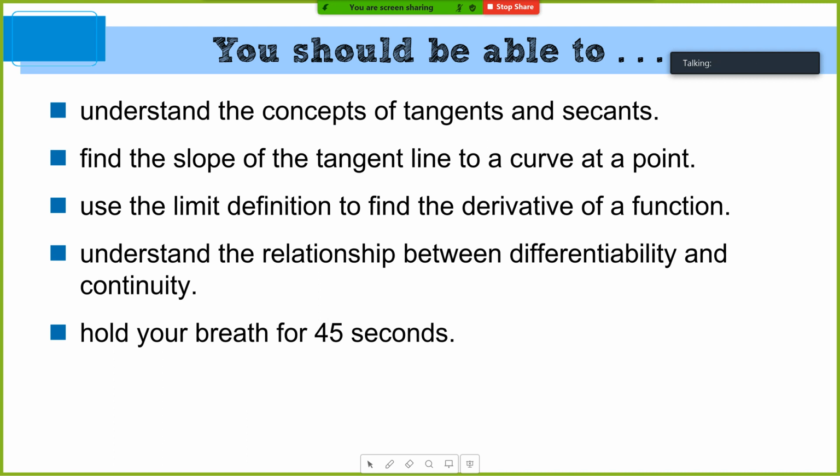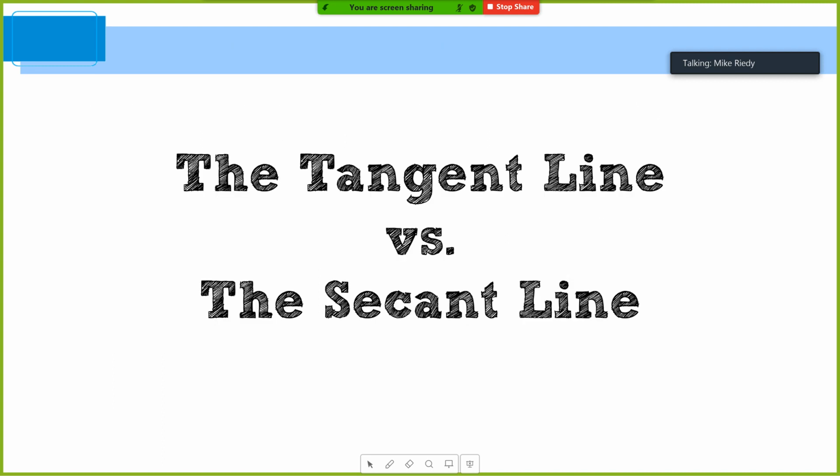That's time. Who made it? Good. All right, so you've accomplished one of the objectives today. If you do nothing else today, at least some of you were able to hold your breath for 45 seconds. The calculus might go to hell in a handbasket, but as long as you could hold your breath for 45 seconds, you can check that box.